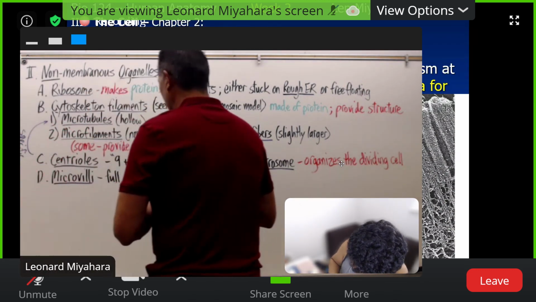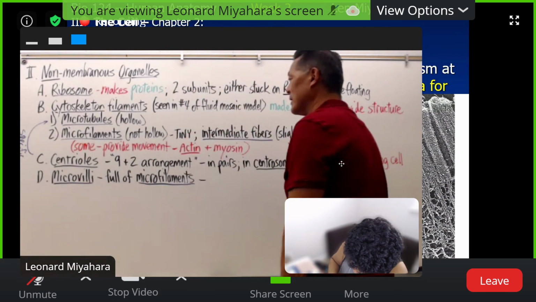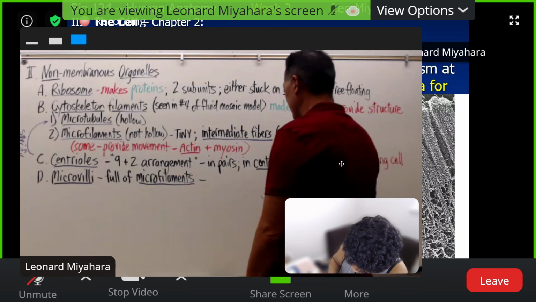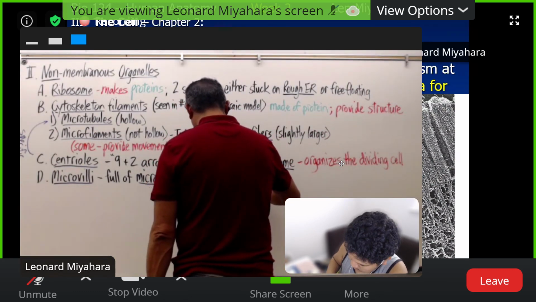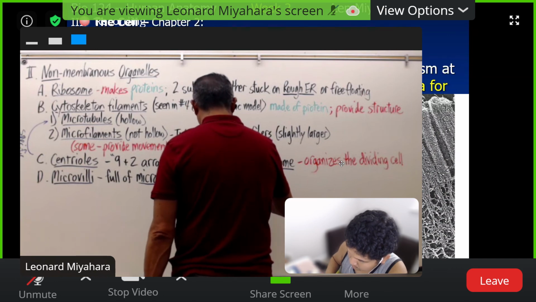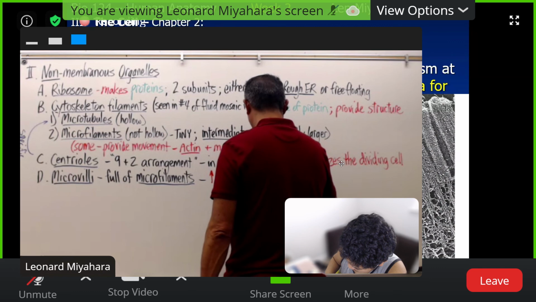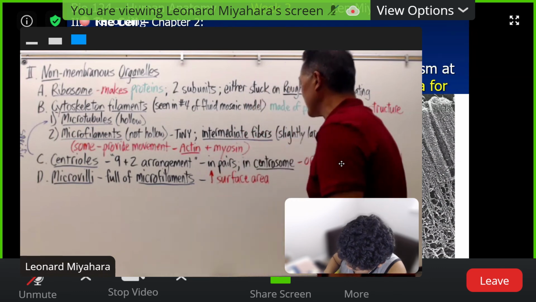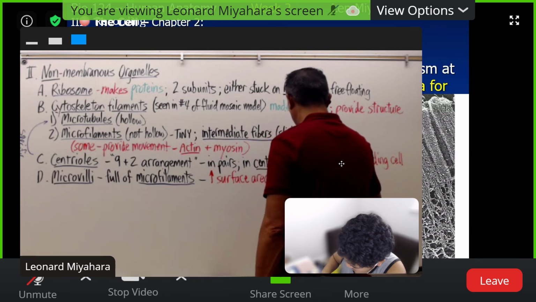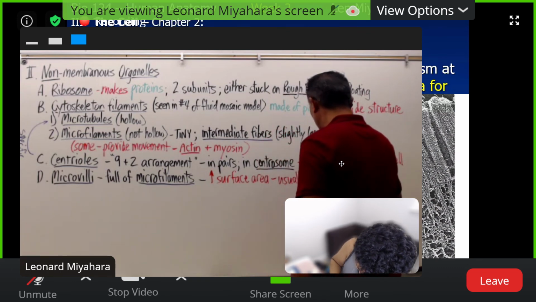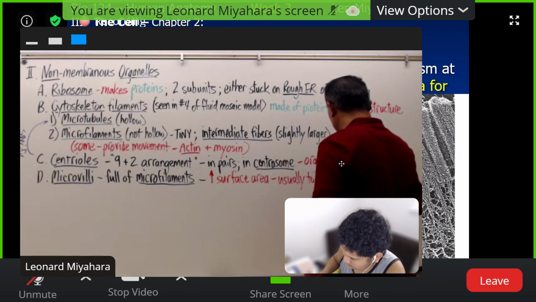That's what gives them the shape of the microvilli. And this is to increase surface area. And usually we see it to increase absorption.